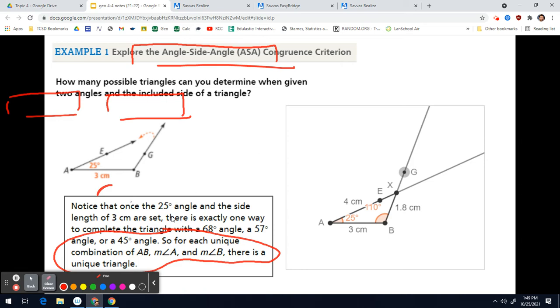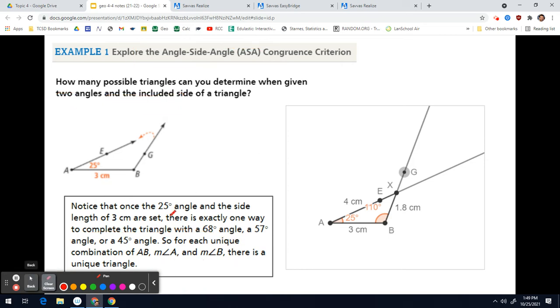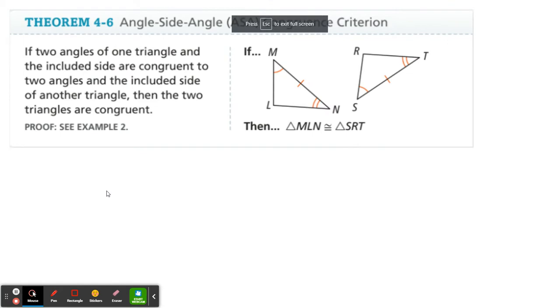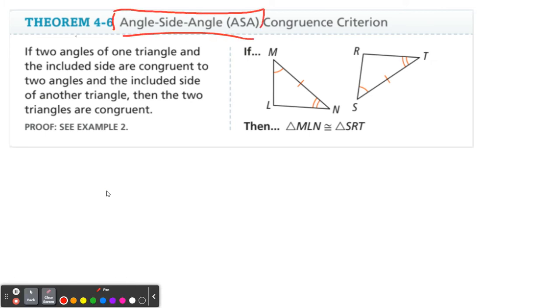So that's the idea here. The angle side angle congruence criterion says exactly that: if 2 angles and the included side are congruent between 2 triangles, then the triangles are congruent.